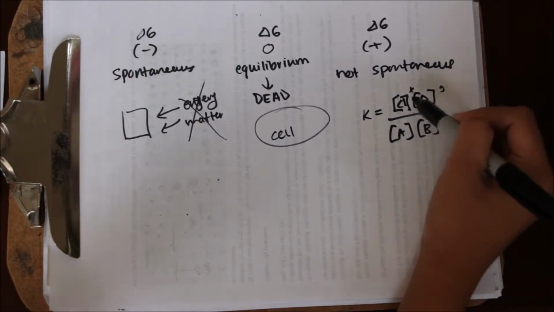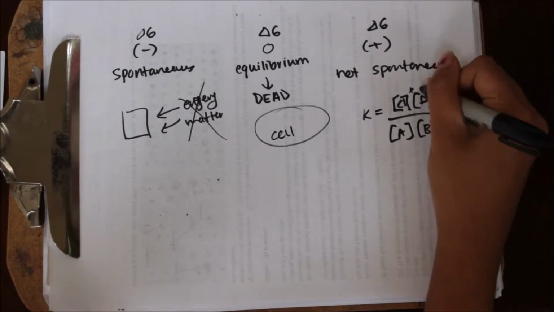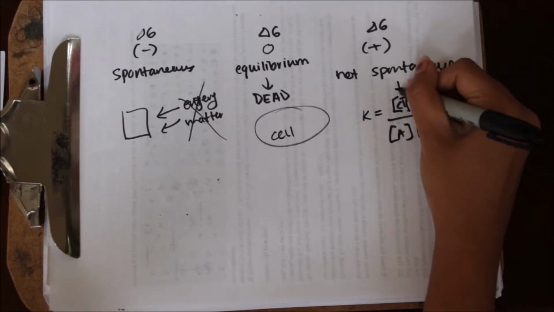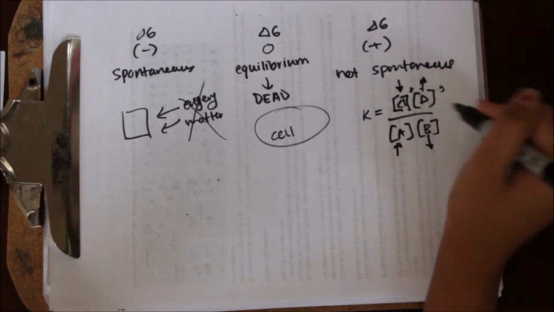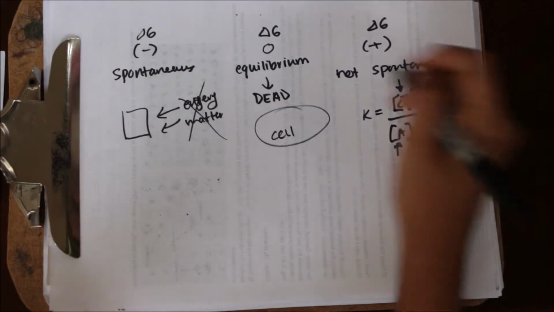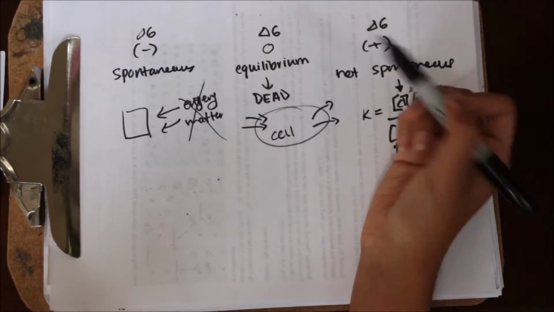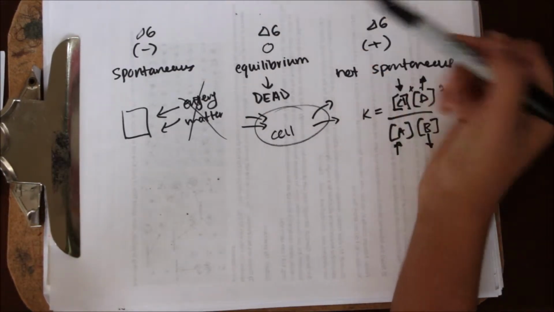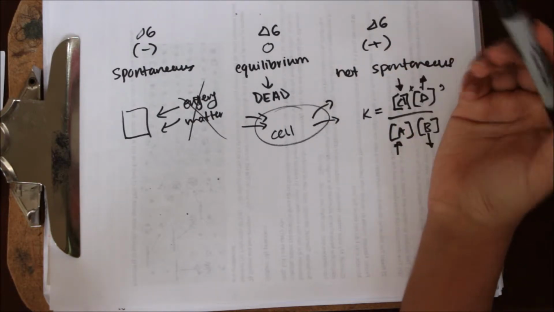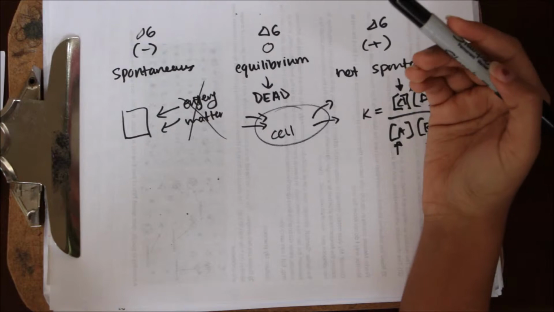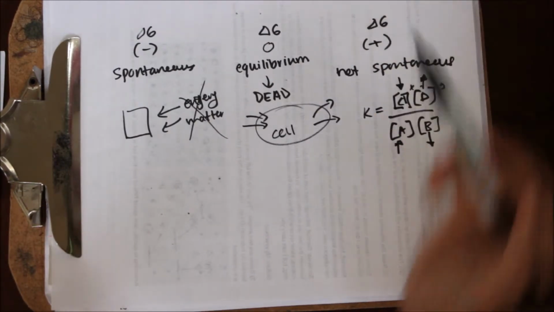So the equilibrium constant tells you that if you keep changing the concentrations of the products and reactants, in other words, if you keep having things enter and exit the cell constantly, you're not allowing the cell to ever reach equilibrium. This is a really important factor in a cell: you want to prevent it from reaching equilibrium so that it doesn't die.